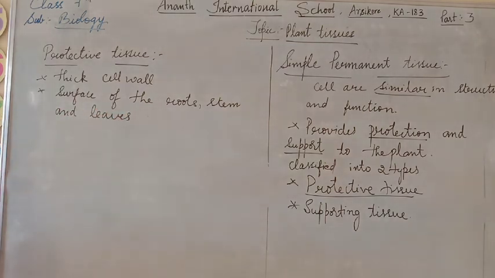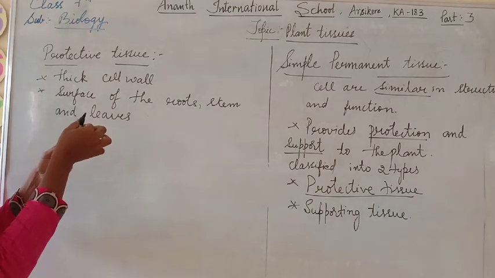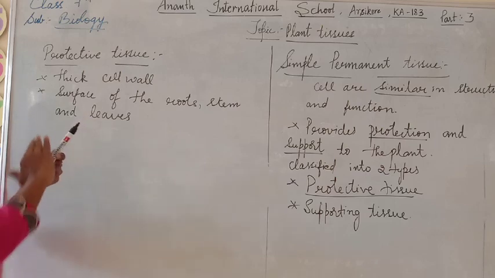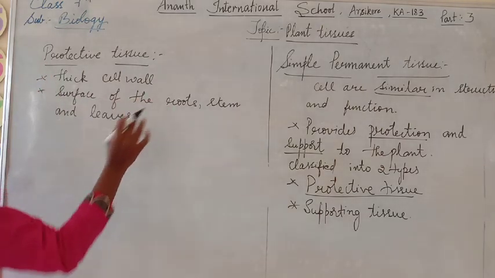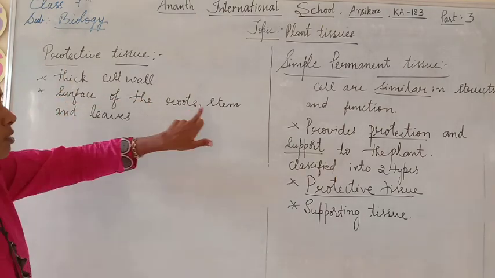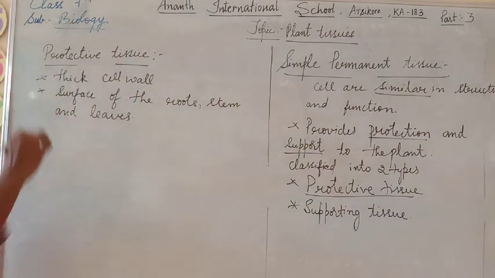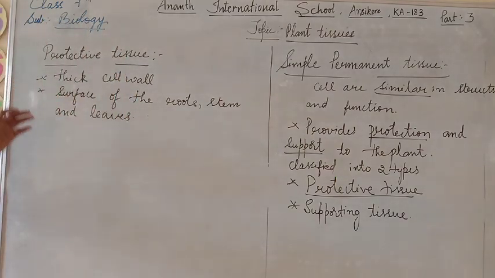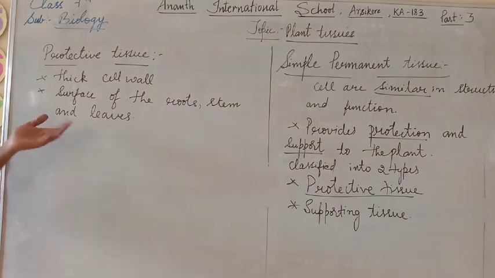Surface means the outside itself. For example, if you take a marker, this we call the surface. Same way, the outer part, what we can see, is where the protective tissues will be present in the roots, stem and leaves. Protection is given by this protective tissue for almost all the parts of a plant, that is root, stem and the leaves.